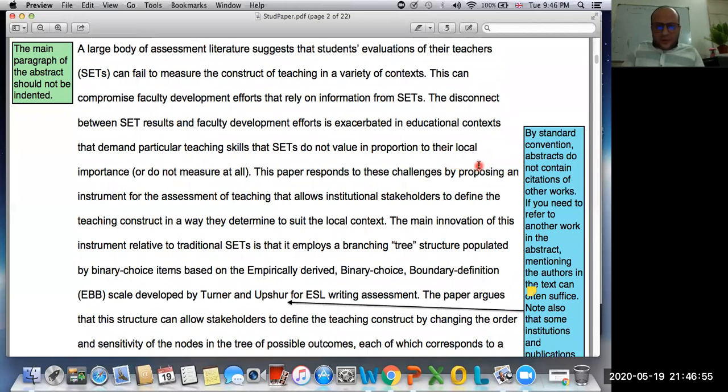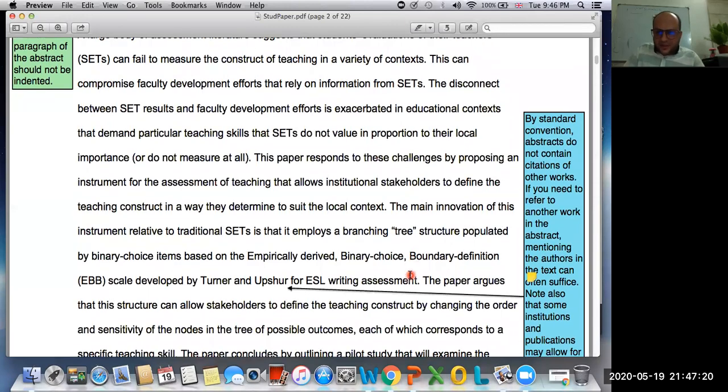And also one significant note that the abstract should not contain citations of other works. Okay, if you intend to refer to any other work in your abstract by, for instance, mentioning the authors in the text, that's enough.